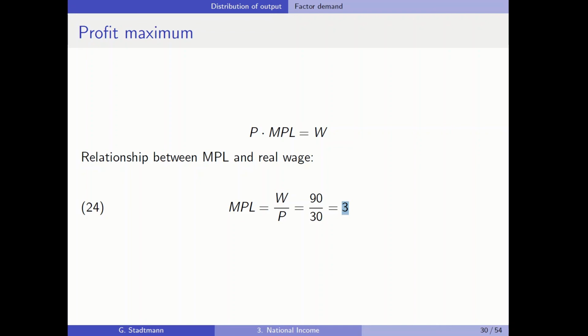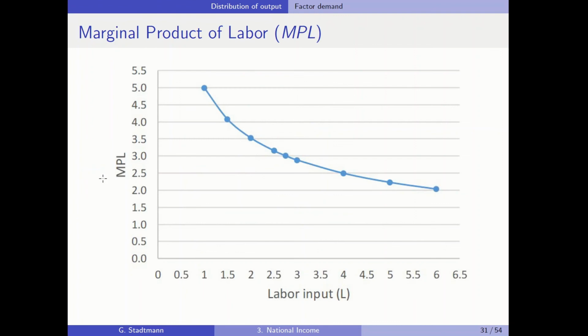We already learned that this condition has to be fulfilled, this is a profit maximization condition, and therefore the manager knows that the marginal productivity of labor has to be equal to 3. We can go back to our graph. We have to find the marginal productivity of labor equal to 3, which is given by the real wage.